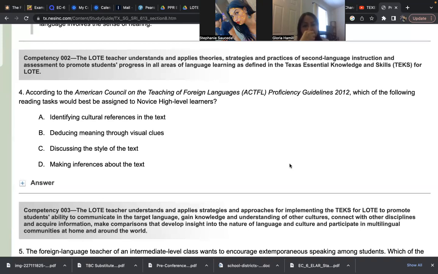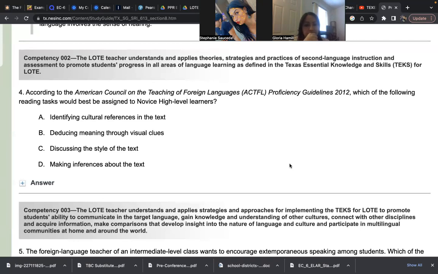Or like manzana, and then there's an apple, and you cut it out and connect the word with the visual cue. I think that might be something you would use with novice high learners still, depending, so I wouldn't rule it out just yet.